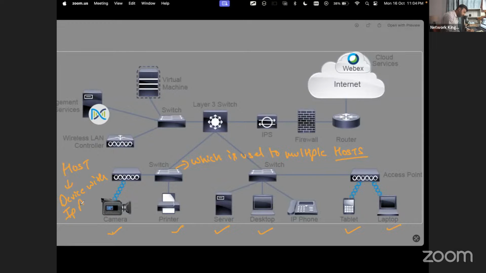Device with an IP address in the technical language is called a host.